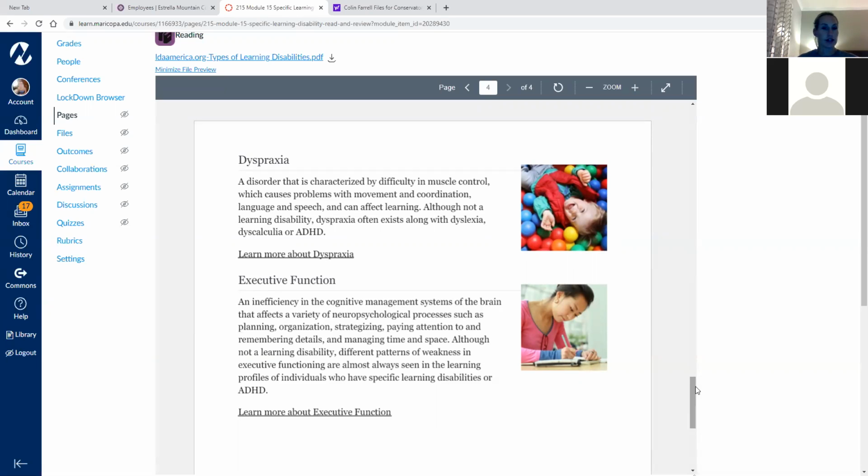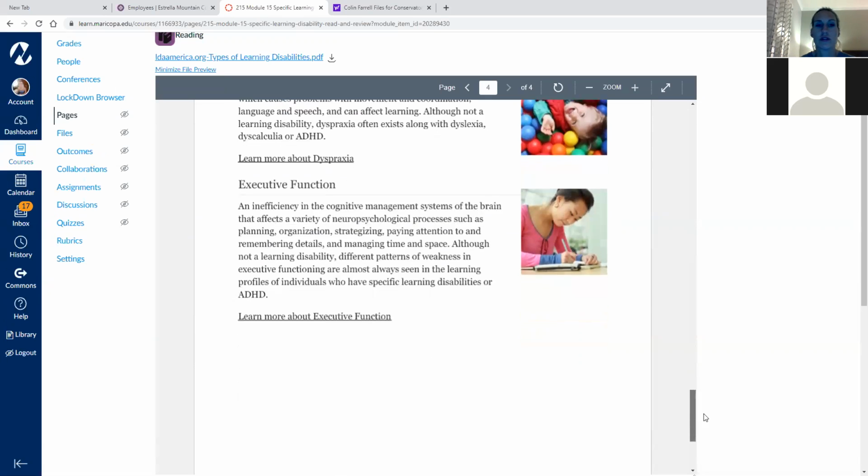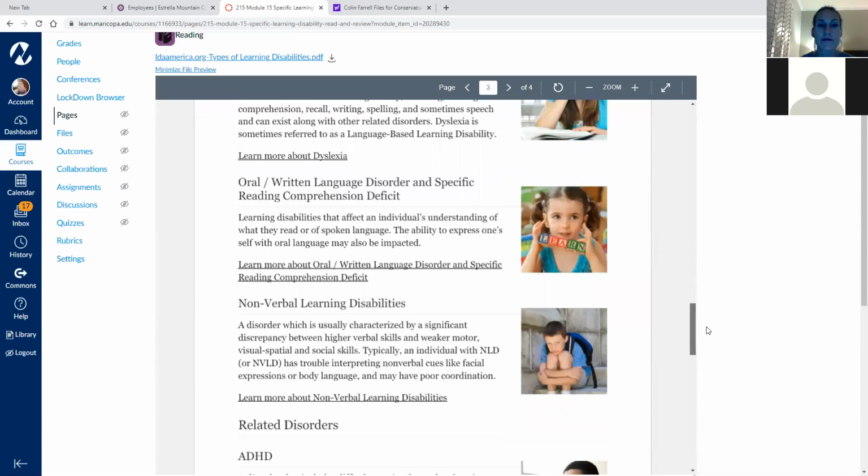Although not a learning disability, it can definitely impact their ability to be ready to learn and to organize information that they are learning. Oftentimes we see someone who has a specific learning disability also have issues with executive function. So be familiar with those and what they look like.